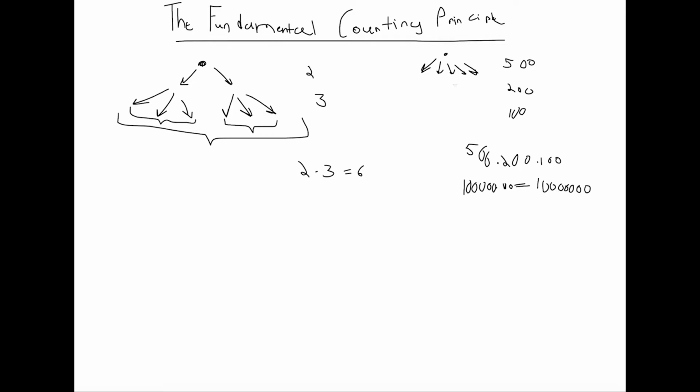So there are 10 million different ways, different places you can end up after choosing 500 different paths, and then choosing 200 different paths at the end of each one, and then choosing 100 different paths.